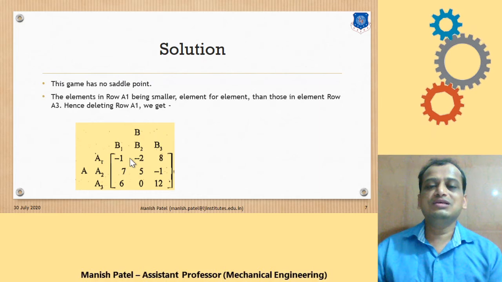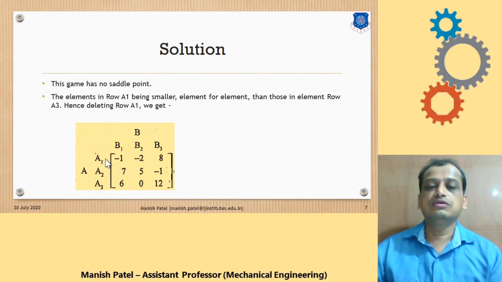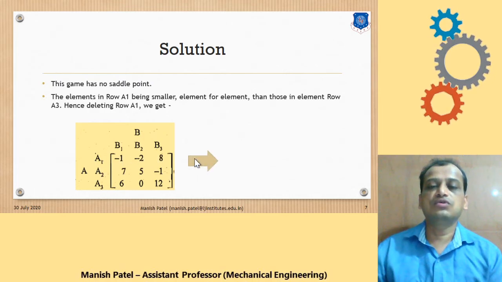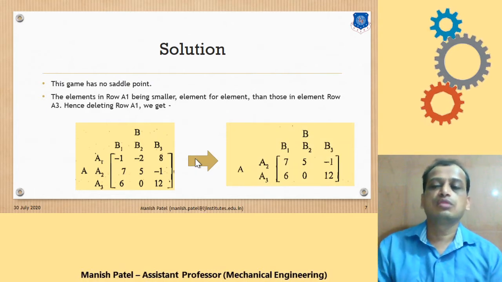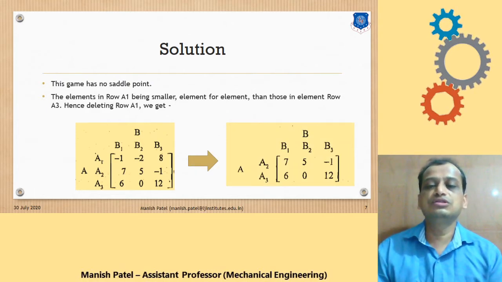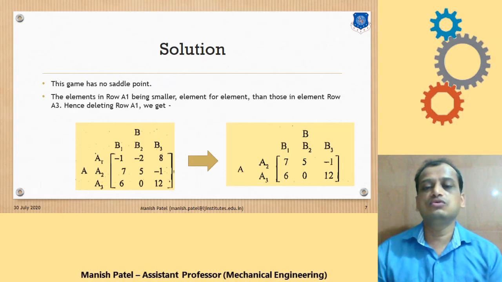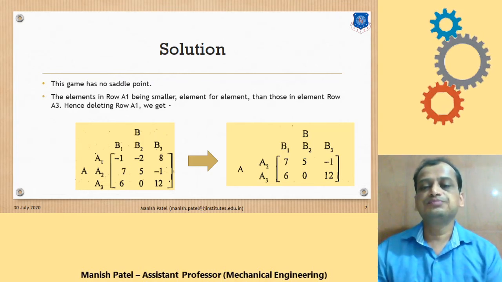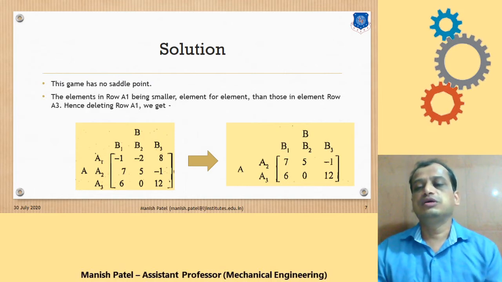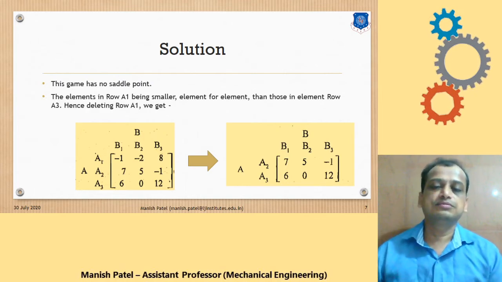So if this is less than or equal to A3 row, remember this, you can delete A1 row. So that is what I have done here in the next matrix. I have deleted the A1 row. Clear? This procedure or this process you have to do row wise or in row operations. Clear? In column operations, let's look into it in the next step.